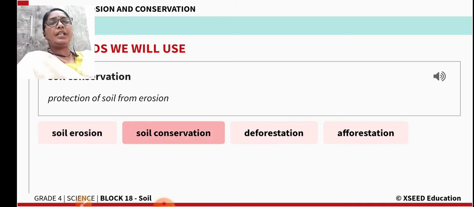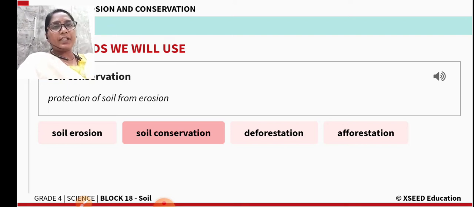Now next one is soil conservation. S-O-I-L soil, C-O-N con, S-E-R-V conserve, V-A-T-I-O-N vation. Conservation means protection of the soil from soil erosion, called soil conservation.